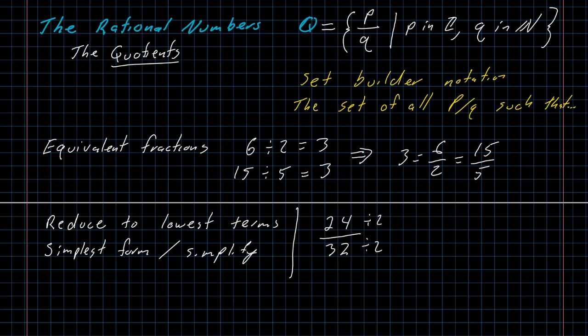So maybe you divide top and bottom by 2. That takes us to 12 over 16. 12 and 16 are still both even, so we divide by 2 again. That takes us to 6 over 8. And once again, both even. So once again, divide by 2. And that takes us to 3 over 4. And 3 over 4 is the simplest form. That's the lowest terms for this fraction.